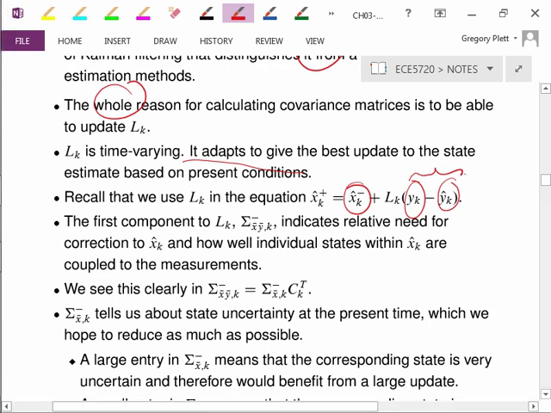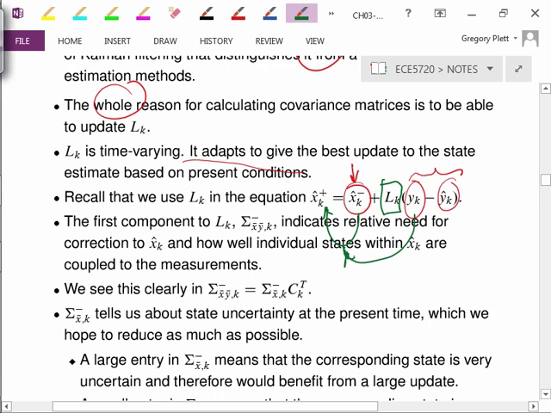There's a difference, and that's called the innovation, because it's new information somehow to me, and I want to blend this new information in with the old information in my prediction, and L comes in as the blending factor. This is the optimum gain or optimum blending factor that converts my prediction into an estimate that uses the actual measurement as well. So that's the purpose of L.